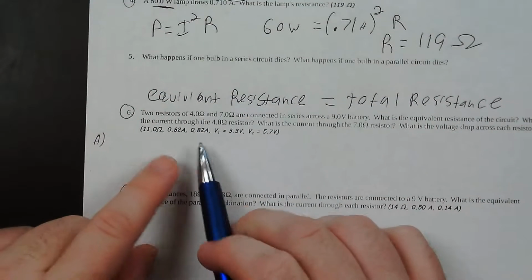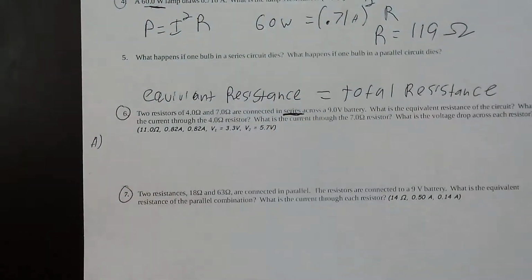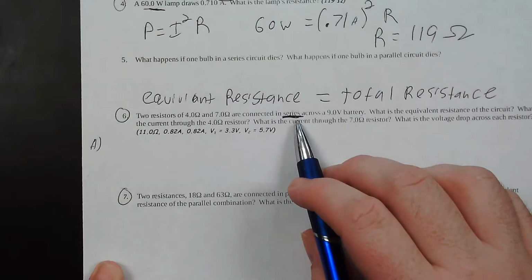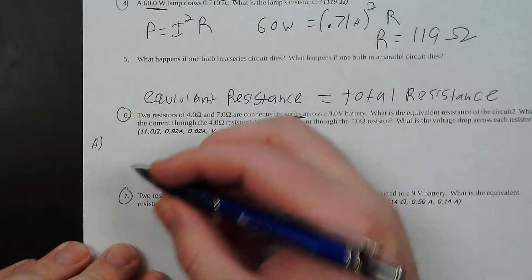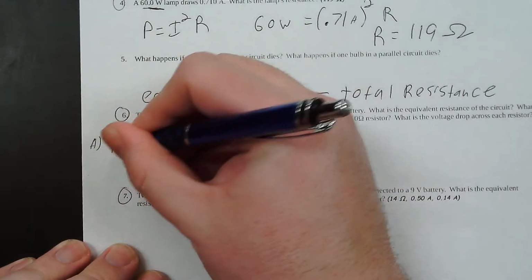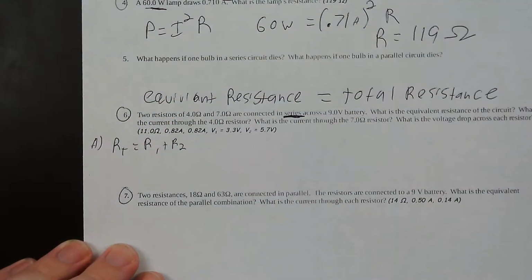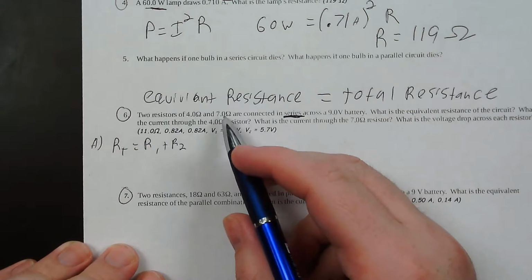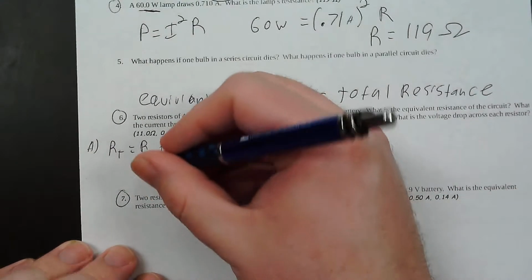Okay? So we are dealing with a circuit that is in series. So if I want to find a series total, all I have to do is add them up. Okay? So to find that total resistance, RT, it's going to equal R1 plus R2, which in this case is just going to be 7 plus 4, which is going to give us a total of 11.